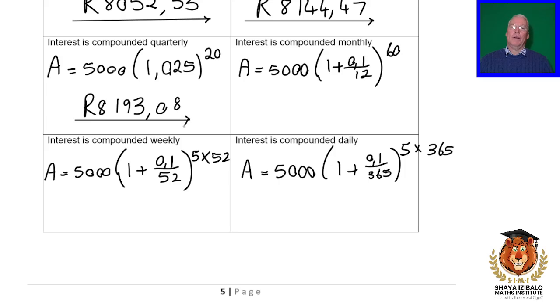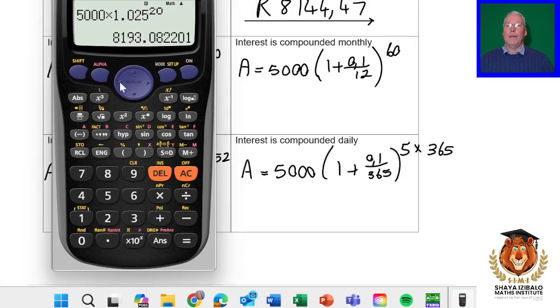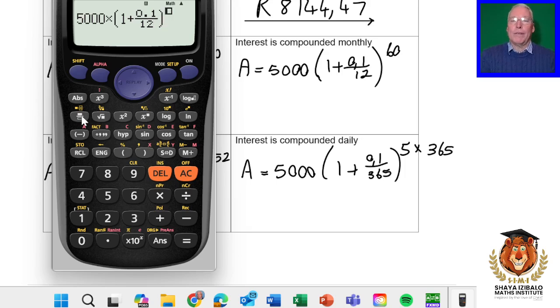Let's look at the monthly one. It's 5,000 times 1 plus 0,1 over 12, to the power of 60, and we get 8,226 and 54 cents.